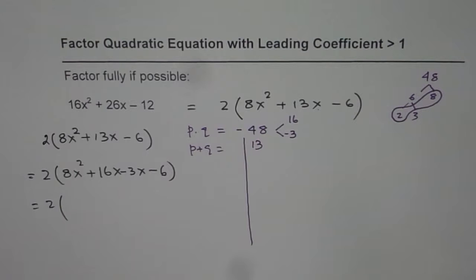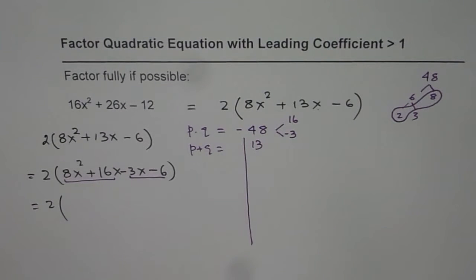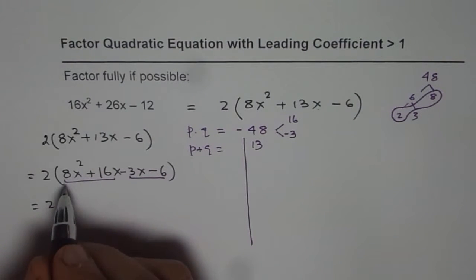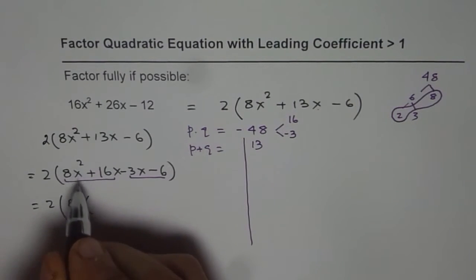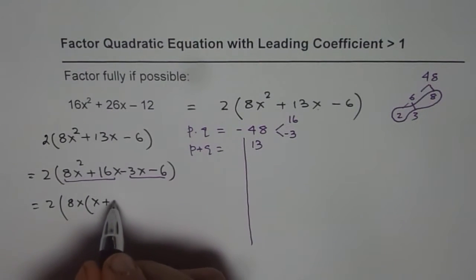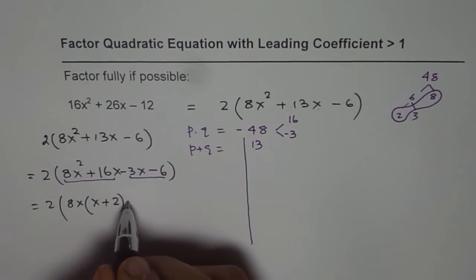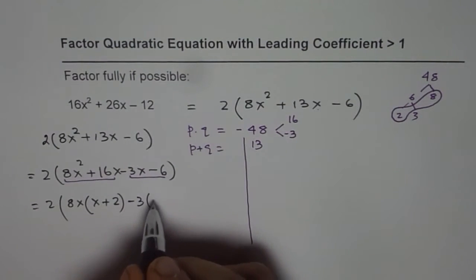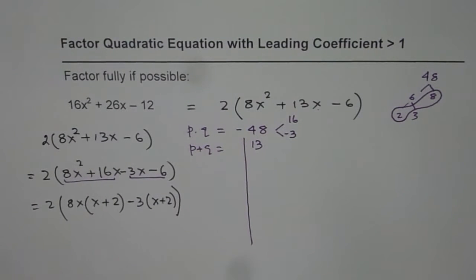Now we'll treat the first two terms together, next two terms together. In the first two terms, 8x is common, right? So we can write this as 8x, and we are left with x plus 2. In the other combination, we have minus 3 common, and we get x plus 2 common, correct? So that is how we get it.